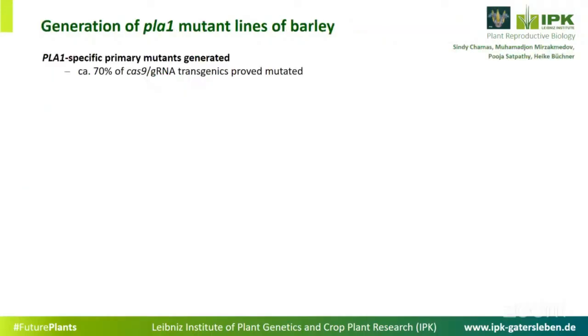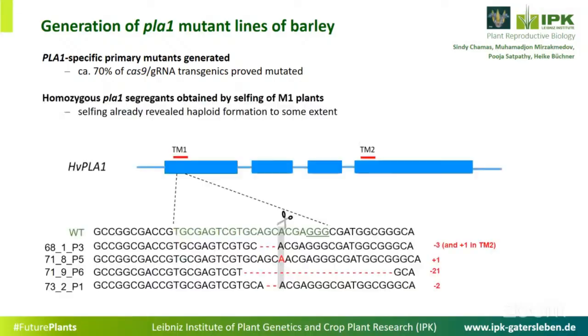What we did, we mutated PLA1 by targeted mutagenesis using Cas nuclease technology, as I presented yesterday, and we produced quite a number of those mutants, and 70% of the transgenics produced were mutated. And here you see where we selected target motifs within this gene, which comprises 4 exons.